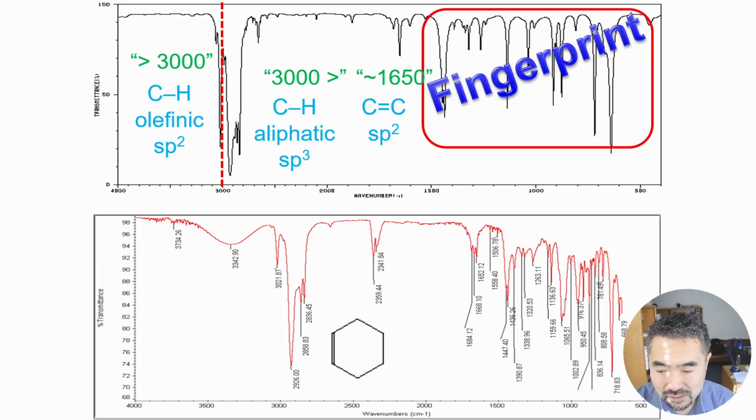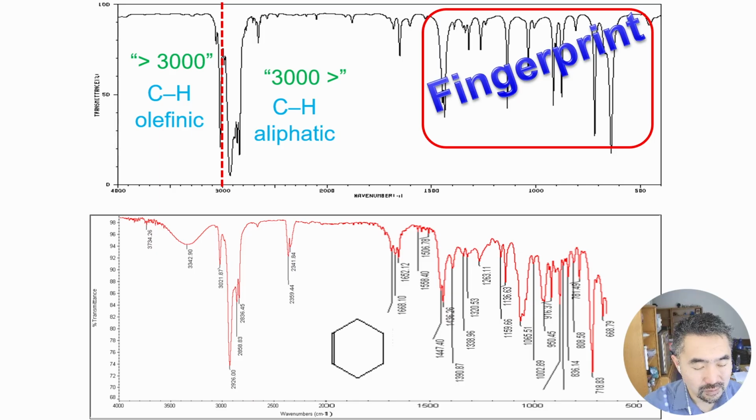Now the bottom spectrum is something that one of my students took in an OChem lab class, and if you compare it, it's a little bit different, and it's good for you to be aware of these real-life differences. So what's the difference? Well, there's this peak around 2200. Can you think of any reason why an sp carbon peak would show up here?